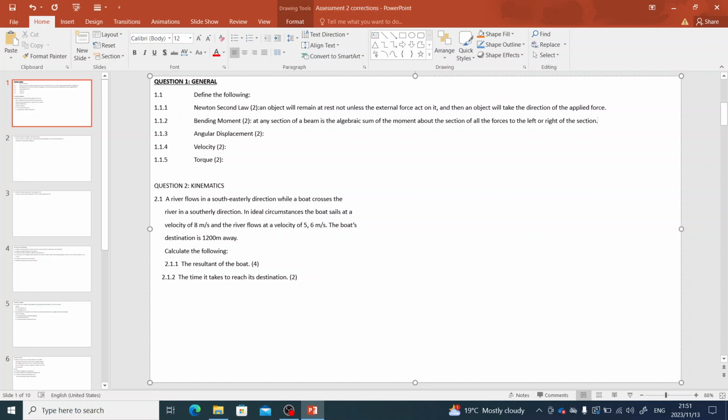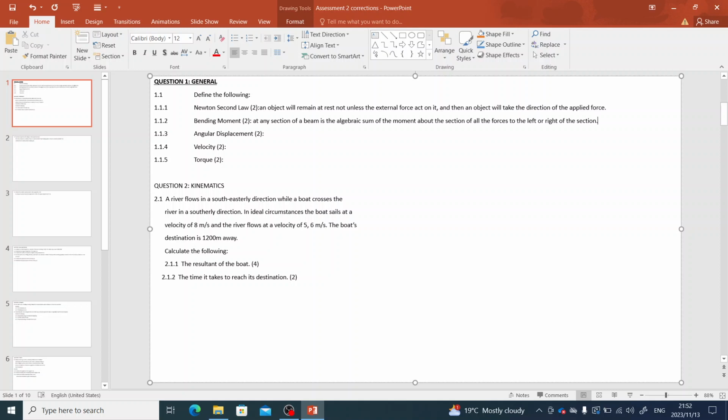Right. Bending moment at any section of a beam is the algebraic sum of the moments about the section of all the forces to the left or right of the section.